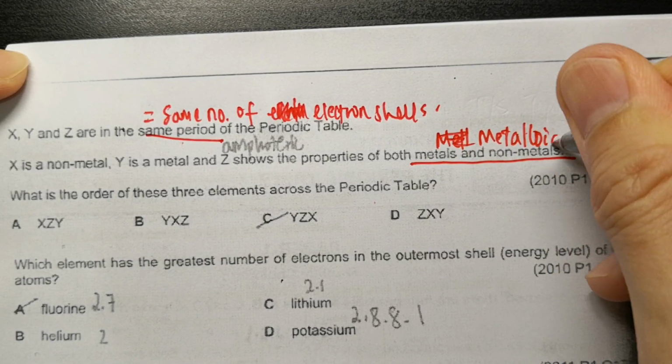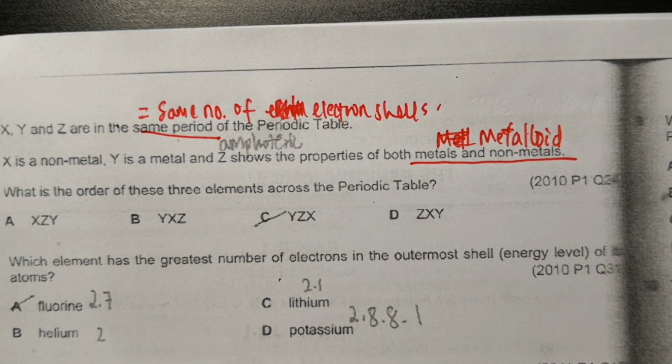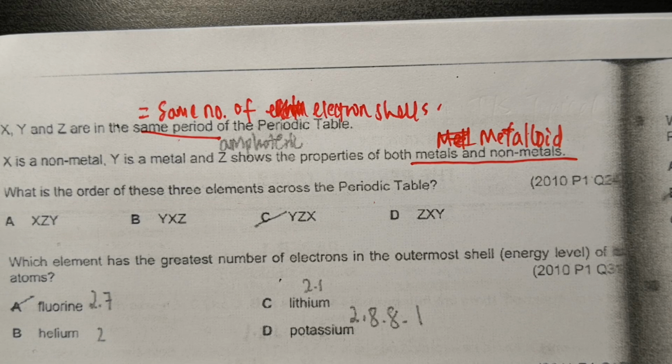This is actually the metalloid. The metalloids are basically the elements at the border of the staircase. So what is the order of these 3 elements?